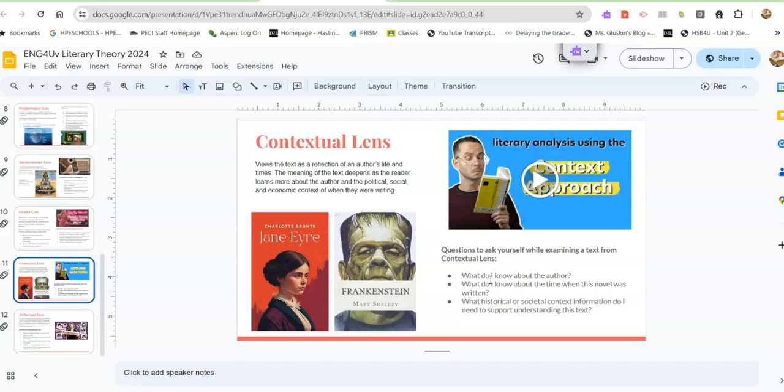Things that you want to think about are the author, the time in which they were writing, and also, what is the society they're writing about? Sometimes modern day authors write about times in the past. And so how do they represent those times in the past? And what is the focus that is presented within that?